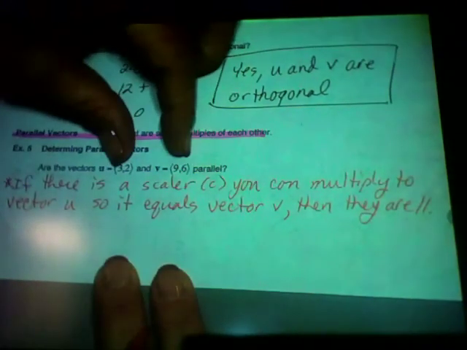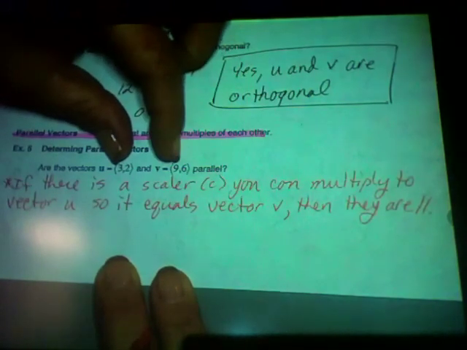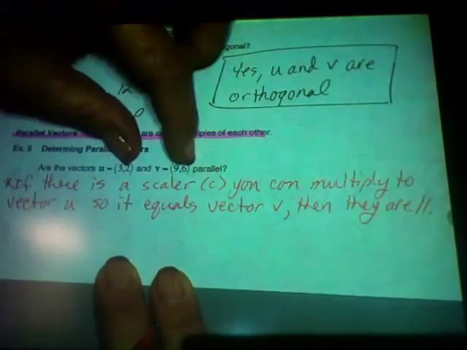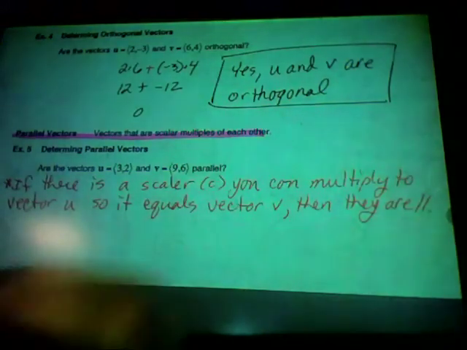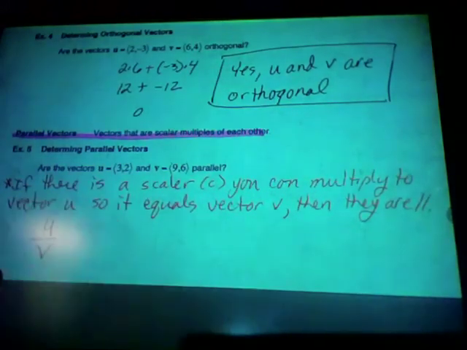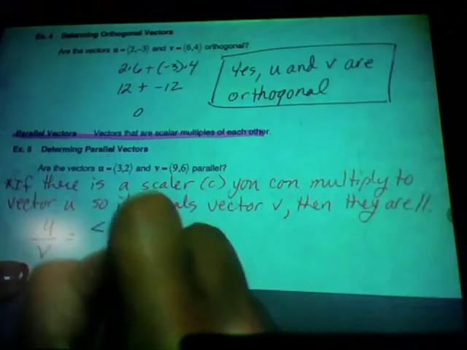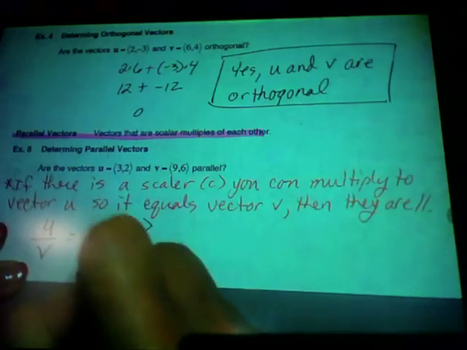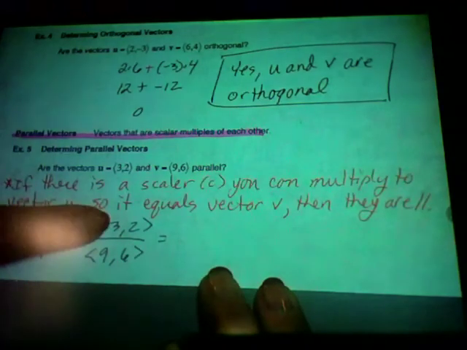Can't you just look at, first of all, you just look at the vectors. Can you multiply 3 by something to get 9? 3, right? Can you multiply 2 by 3 to get 6? Here's the easiest way to tell though, so there's that. Or just take one vector and divide it by the other vector. So if I take my vectors and divide them, I've got 3 comma 2 over 9 comma 6. Split them up, 3/9.